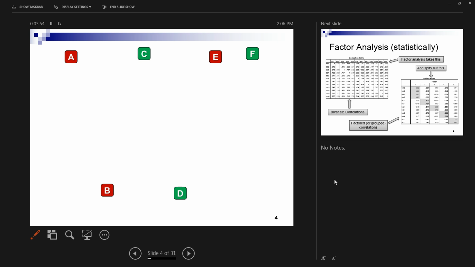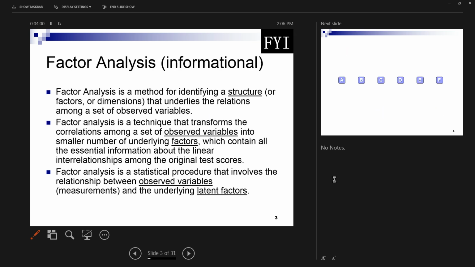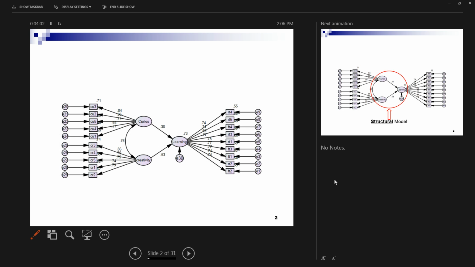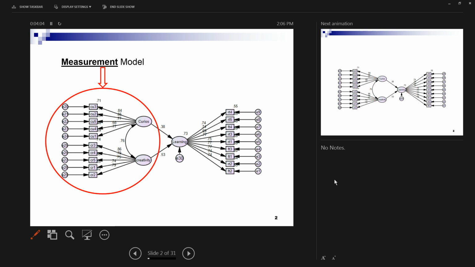So it sort of color codes it for us, finds groupings for us, which is very helpful. If we go back to this slide here, it finds the measurement model. It finds that CR1, 2, 5, 4, and 3 all sort of move together, and so you can factor those into a single factor. That's what the factor analysis is doing.